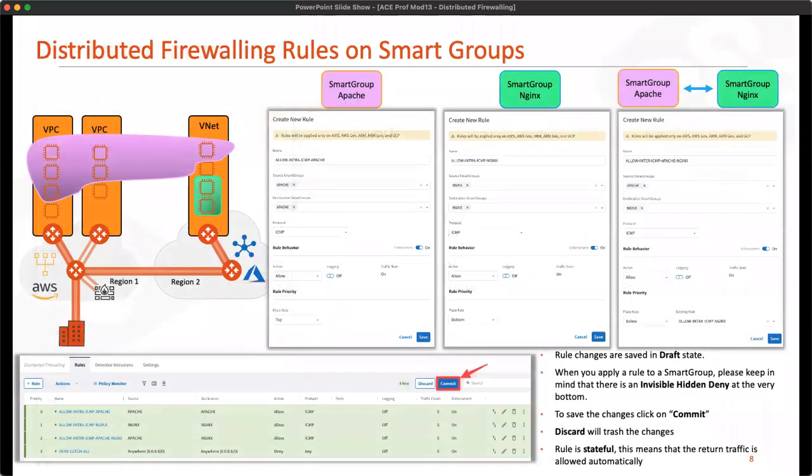There is also the logic of an implicit deny. What do I mean by this? Assume that the logic is as follows. If I create a rule, for example, between Apache and Nginx, or even between Nginx and Nginx, and I only allow ICMP, that will automatically mean that only ICMP is allowed, because now there is an implicit deny that does not allow any other communication to take place.